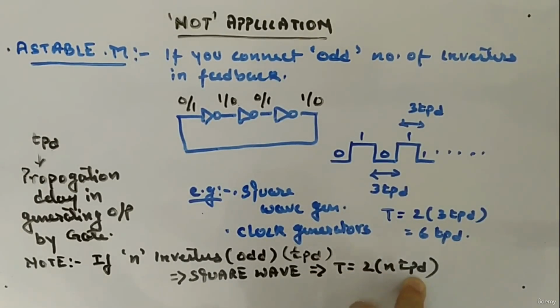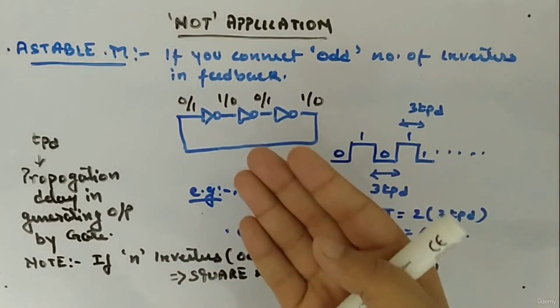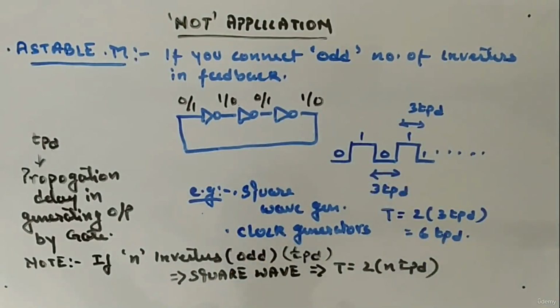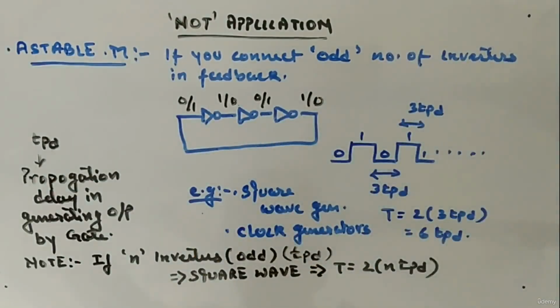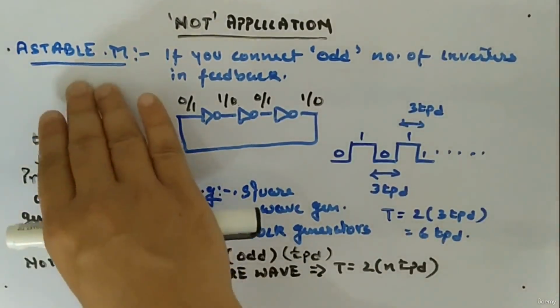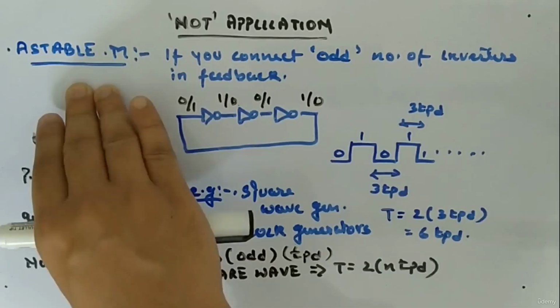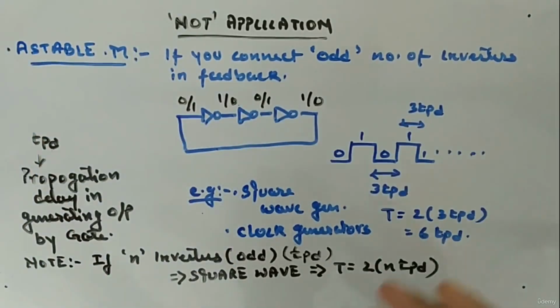Okay, so this is what I wanted to tell about the astable multivibrator. You can generate an astable multivibrator as well as a bistable multivibrator from just a few NOT gates connected in feedback.